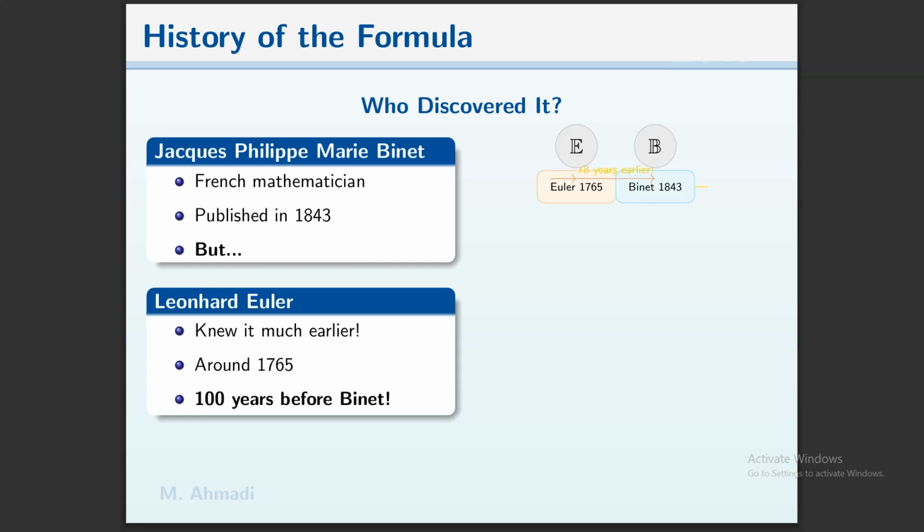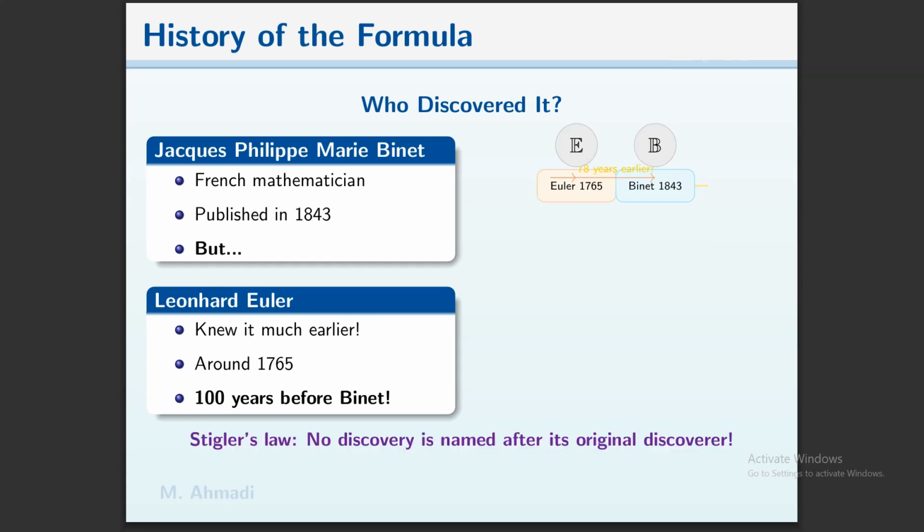However, there is a statistical law that no discovery is named after its original discoverer, so the formula has been named the Binet formula.